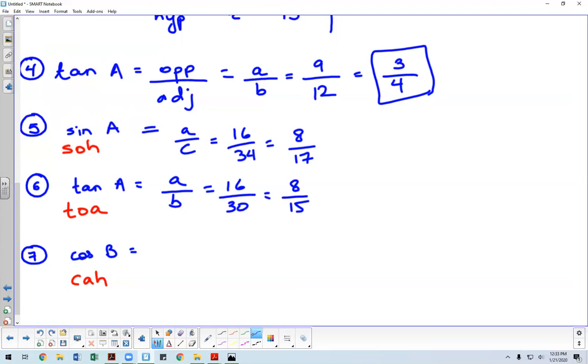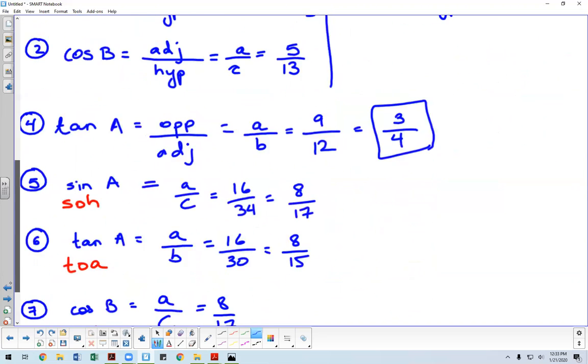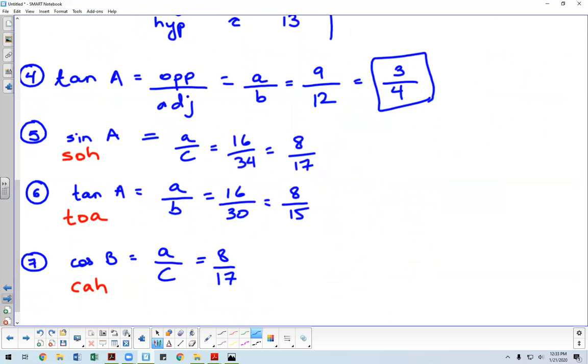And of course, cosine is always over the hypotenuse, so you're still using A over C, which actually is the same as sine of angle A, right? Because you end up with 8 over 17. So you should actually notice that our sine of A is coming out to be the same ratio as cosine of B, right? We saw that happen in those first triangles. We're seeing the same thing happen here.